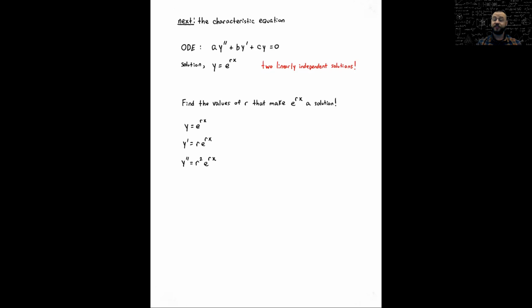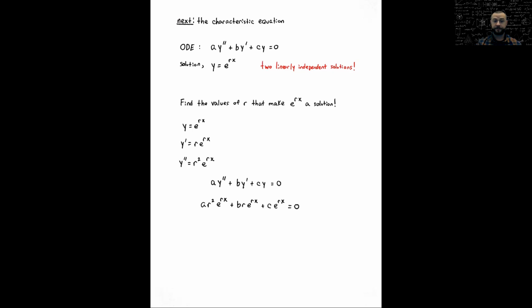All right, now if we want this to be a solution, that means that it should satisfy the differential equation. So we're going to plug it back in, make a replacement for y, y prime, and y double prime, and we get this equation. Now this we can simplify. Notice each term contains e to the rx, so we can factor that out.